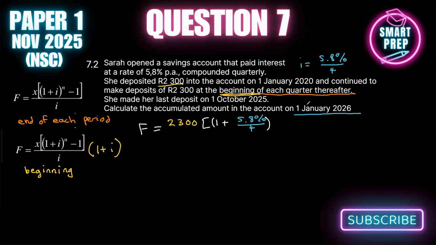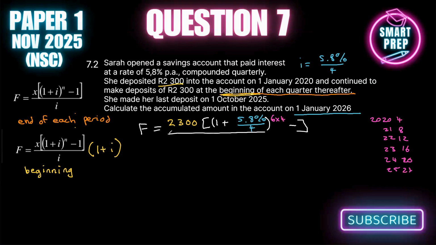So you could just say 26 minus 20 is 6, and then 6 times 4. But yeah, I just wanted to go through that. And then we are going to put it over the interest of 5.8%.